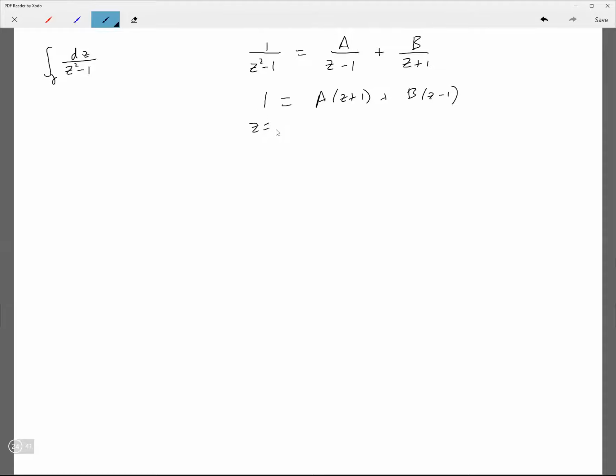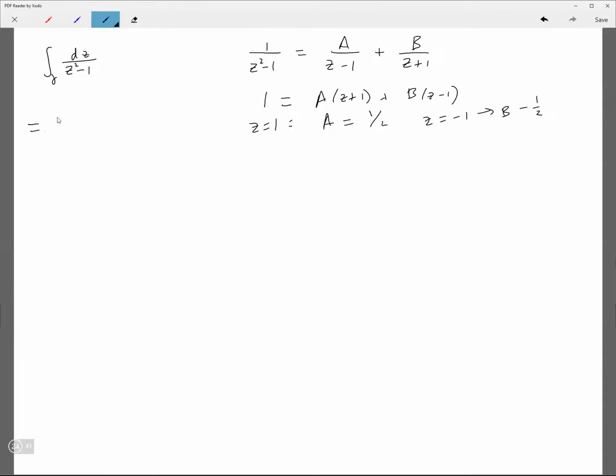And then if you set z equal to 1, then that goes away. You get A equals 1/2. And then if you set z equal to -1, that goes away, and that becomes -2. So B is -1/2.